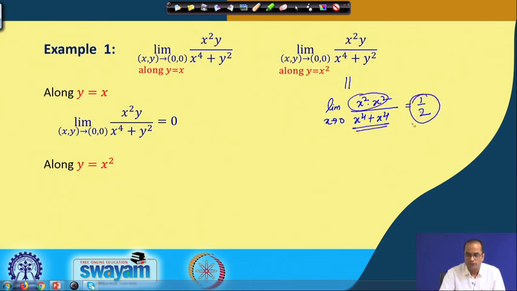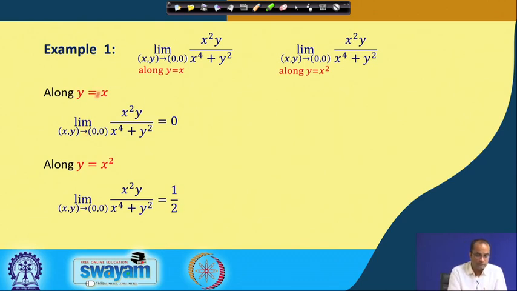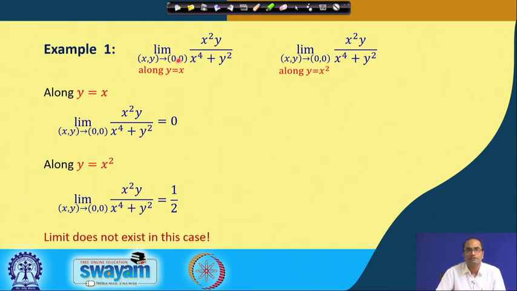So, this limit will be just half. So, along this path we are getting the limit half. So, along the straight line y is equal to x, the limit is 0, along y is equal to x square, the limit is half. So, now we can conclude that this limit as (x, y) goes to (0, 0) of x square y over x power 4 plus y square does not exist.